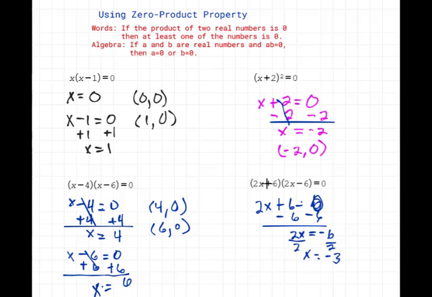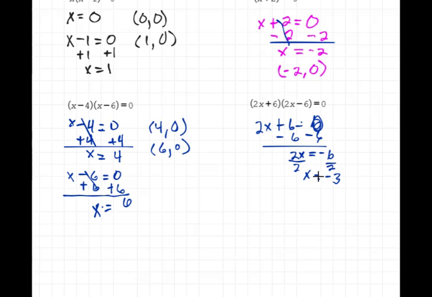And then the last one is 2x minus 6. So I'm going to do 2x minus 6 is equal to 0. I'm going to add 6 to both sides. That cancels. So I have 2x is equal to positive 6.